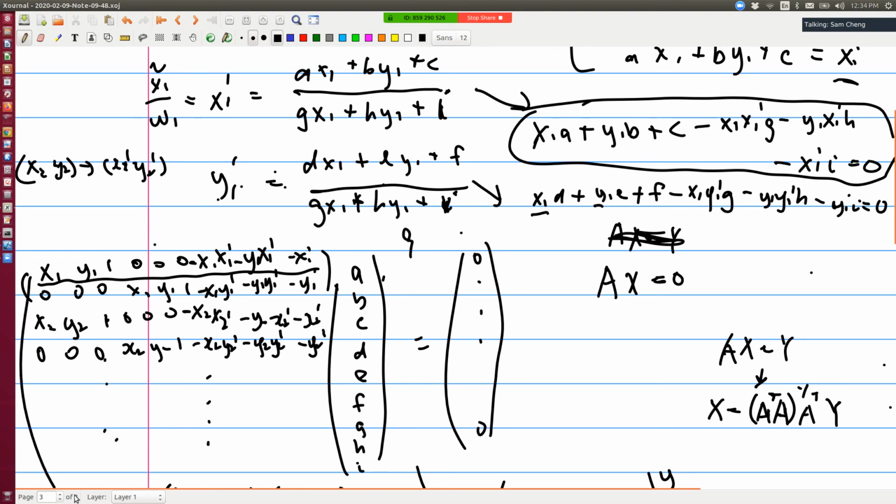Once I get 5 pairs, then potentially I can solve it. So basically I have a problem of the form Ax equal to 0. Previously I had a similar set of linear equations, and I said I can have a solution x equal to this guy here. Now, can I do the same thing to solve for x here?